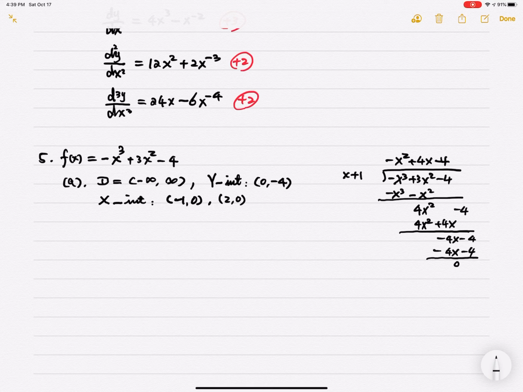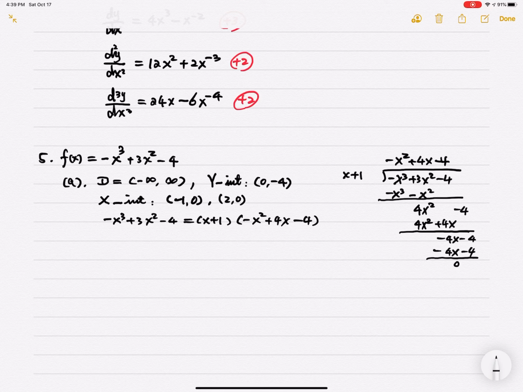Now, this means negative x to the third plus 3x squared minus 4 is equal to x plus 1 times negative x squared plus 4x minus 4.